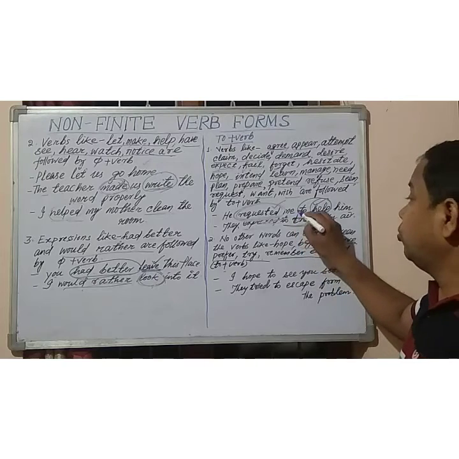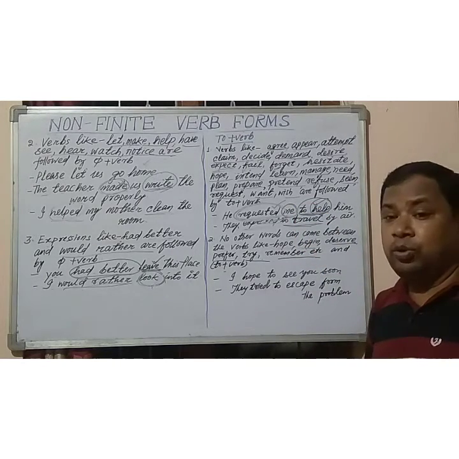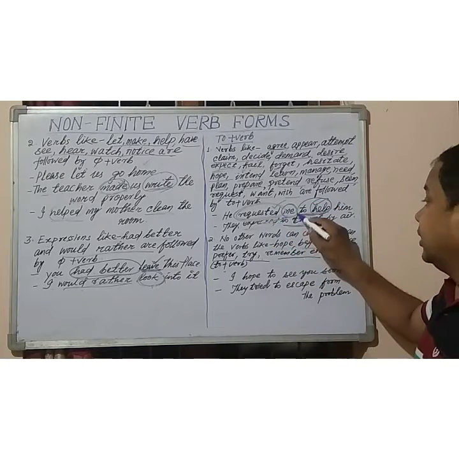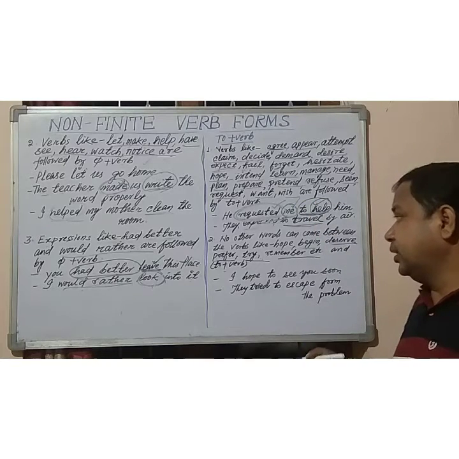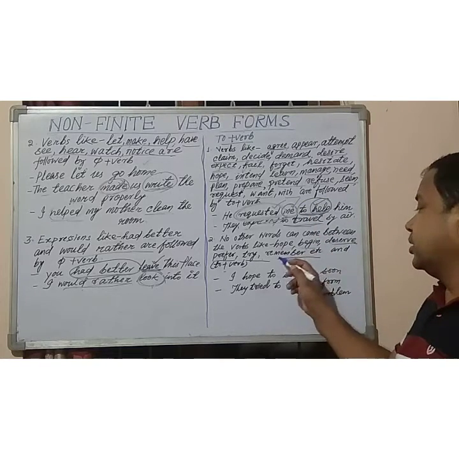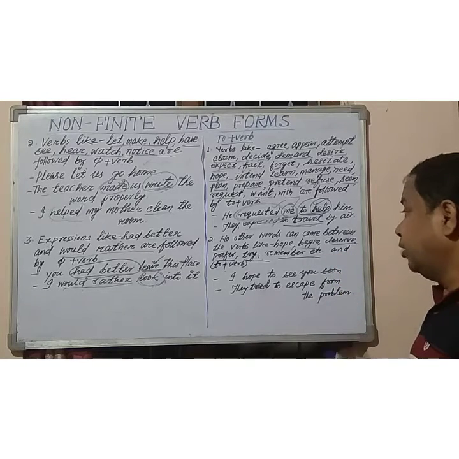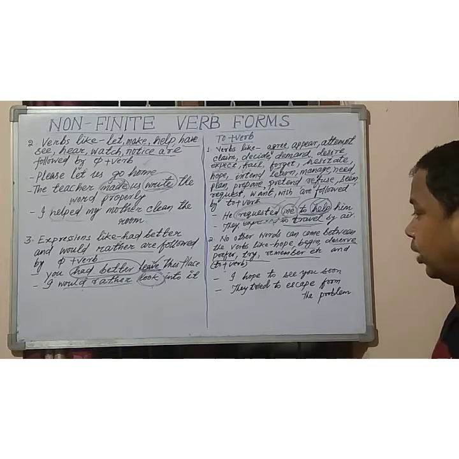Here we have used me. You see here in the first principle we saw that after requested there is another word, that is me. But here we will see that after these words and before to plus verb there will be no word at all.